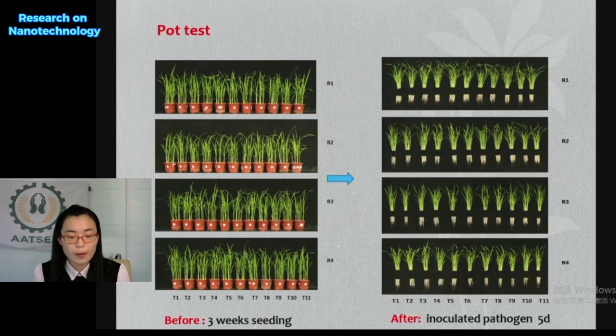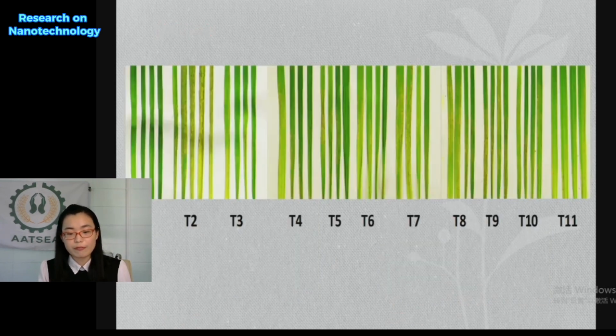And the nanoparticles were also tested in a pot experiment. As the figure shows, we tested on 3-week-old rice seedlings, then inoculated the pathogen and treated with the nanoparticles, the liquid formulation. After 5 days, we checked the disease index and collected the data of plant and root. As the figure shows, treatment 1 is the non-inoculated control. Treatment 2 is the inoculated control.